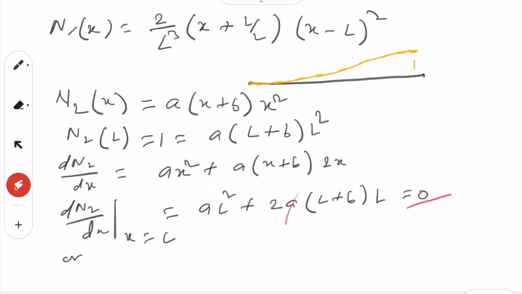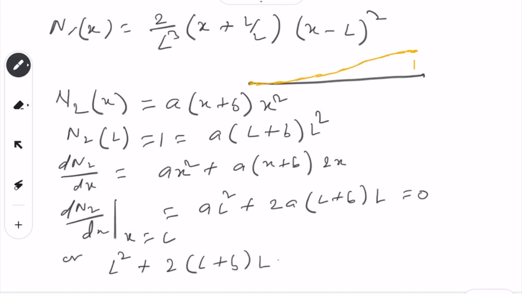Then we have L square plus 2 L plus b L equal to 0.